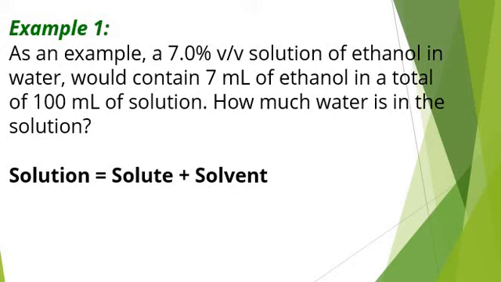Both are liquids, so if the volume of ethanol is 7 ml, we subtract the volume of the solute from the total volume of the solution, and we get the volume of the solvent. It is a very easy calculation for percentage.